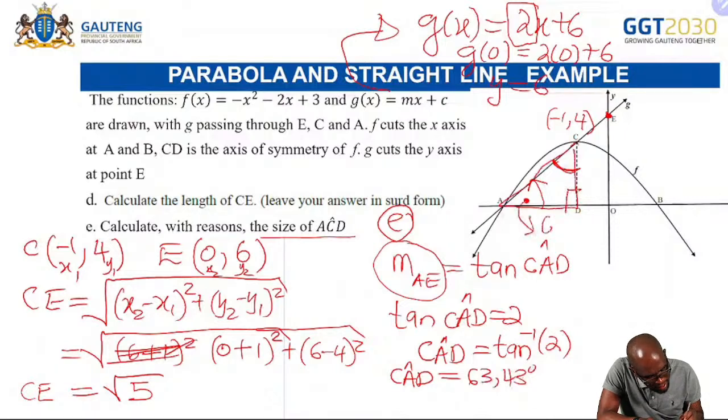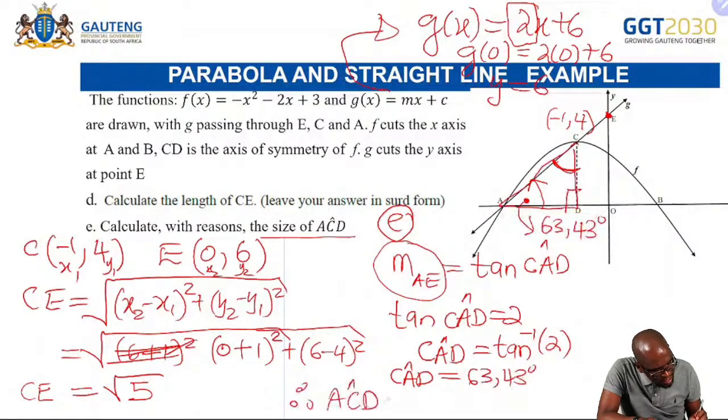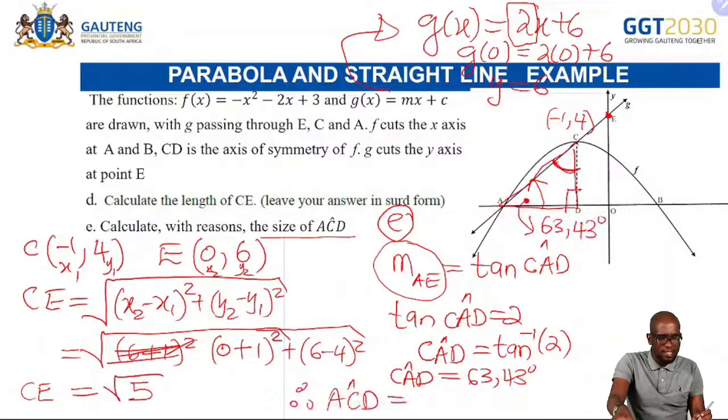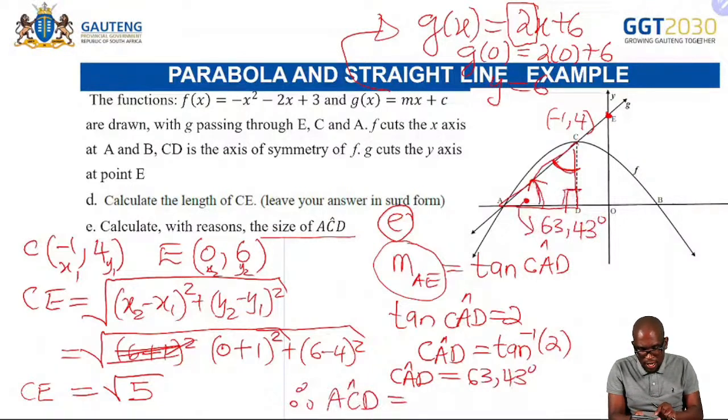Now in this triangle, we know this angle is 90, and we know this one is 63.43. Therefore, if we want to find angle ACD, the angles add up to 180 degrees, the sum of interior angles of a triangle. So this would be 180 minus 90 minus 63.43.